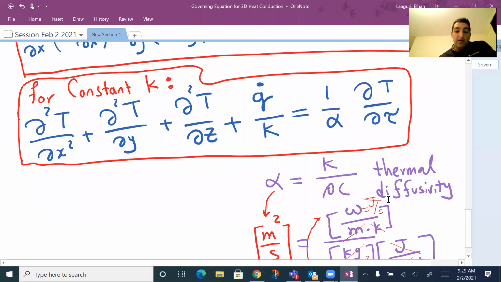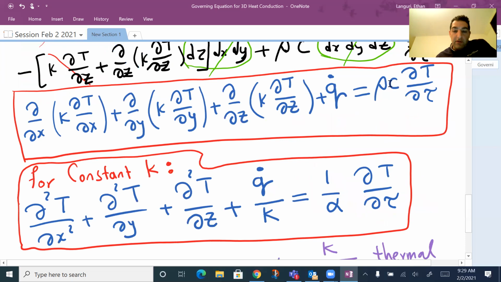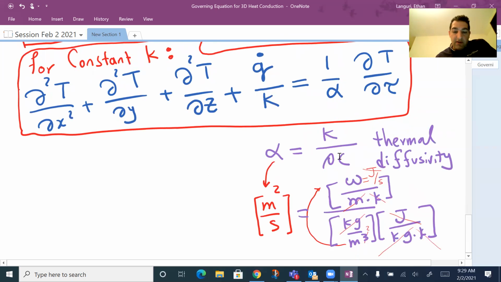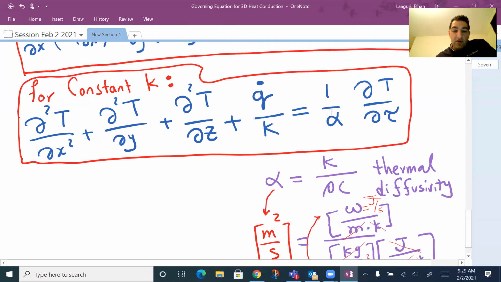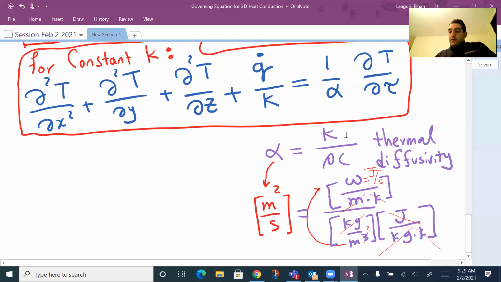And as you saw, instead of showing rho c divided by k, which is the 1 over alpha, I'm simply showing 1 over thermal diffusivity coefficient. So this is what we have for 3D conduction.